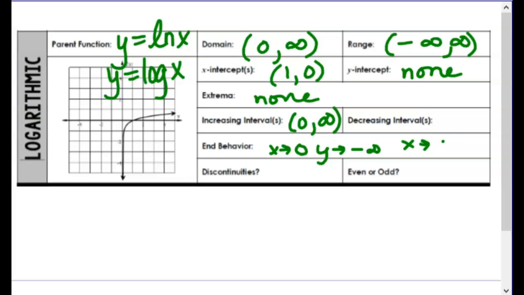As x goes off to the right, the y is getting bigger. Not going to ask you that. It's not said to have a discontinuity, even though it's not defined over here. And it's neither.